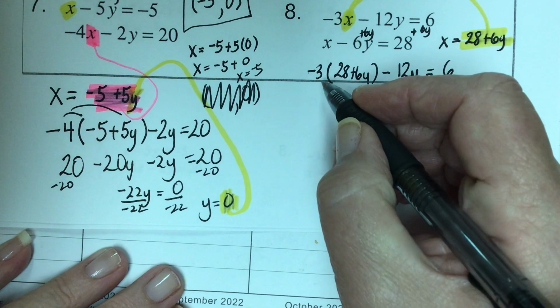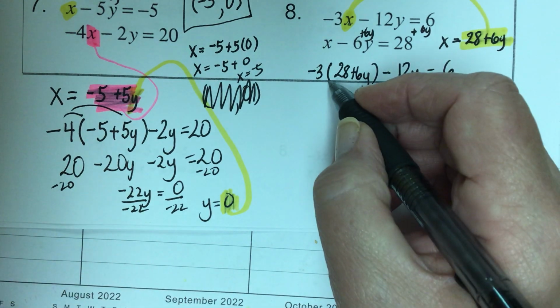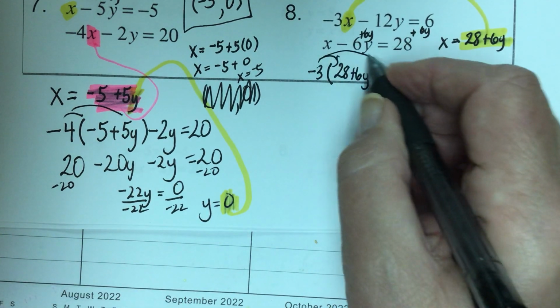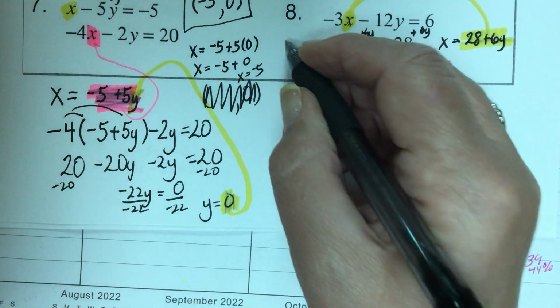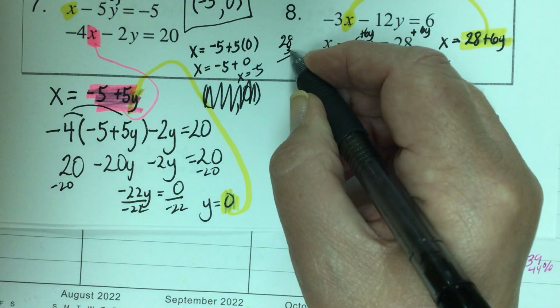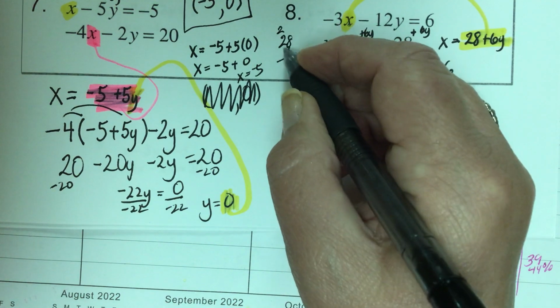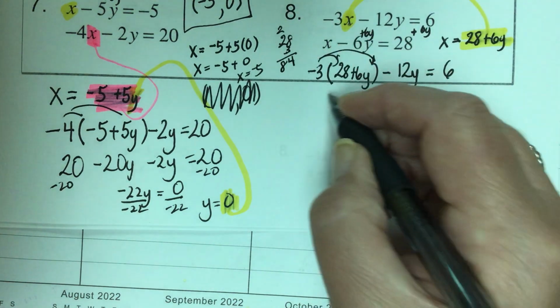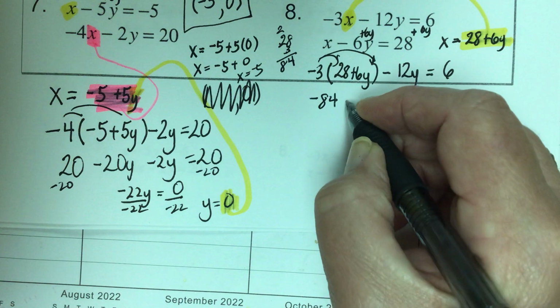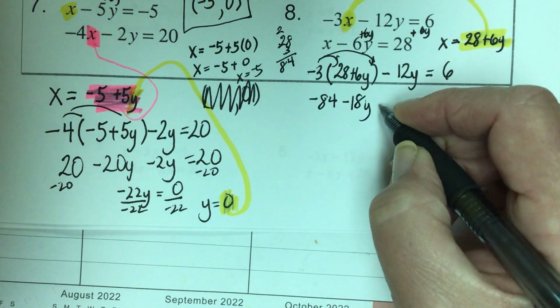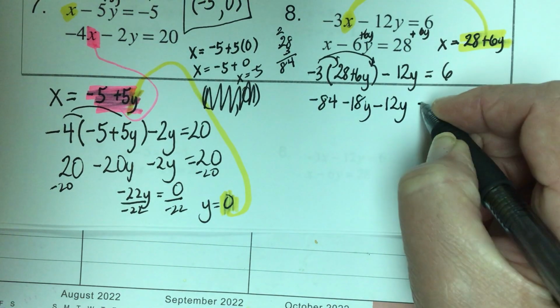And then I'm going to solve this equation. Distribute 3 times 28. I'm going to write it down so I don't mess it up. 3 times 8 is 24. 3 times 2, 6, 7, 8. So negative 84, minus 18y minus 12y equals 6.